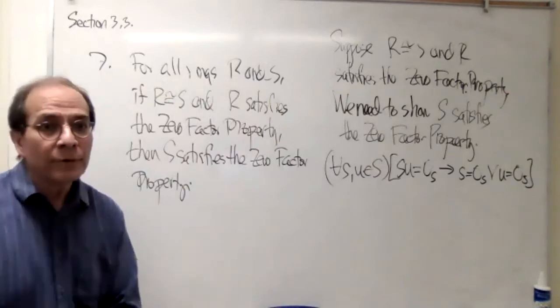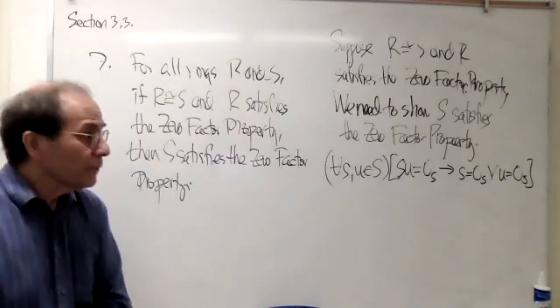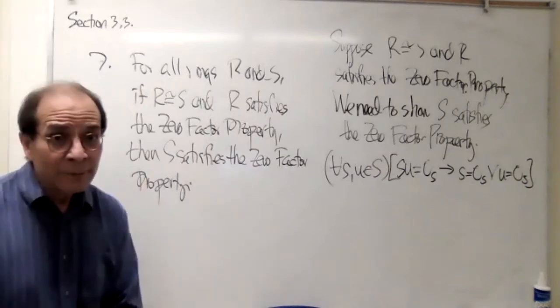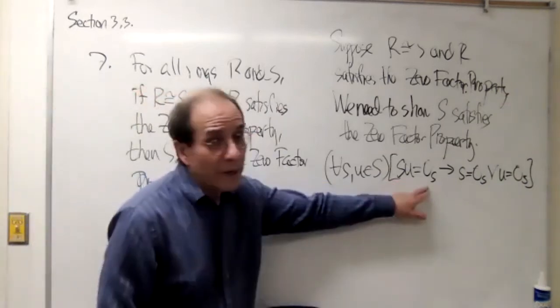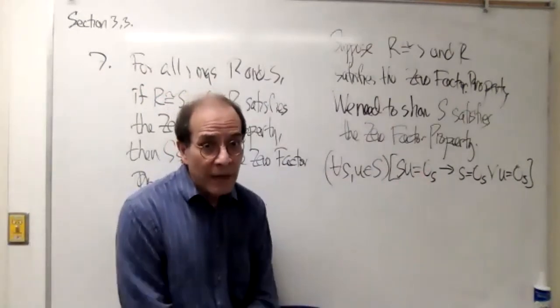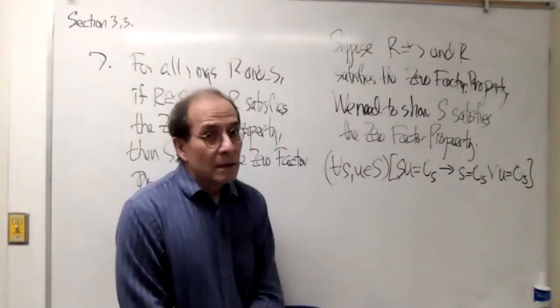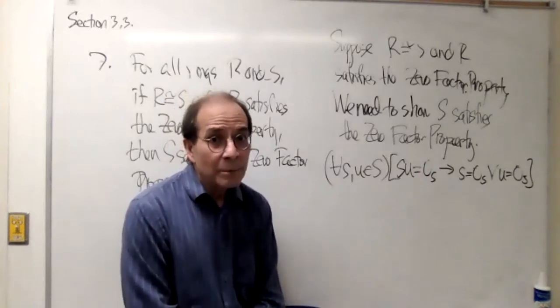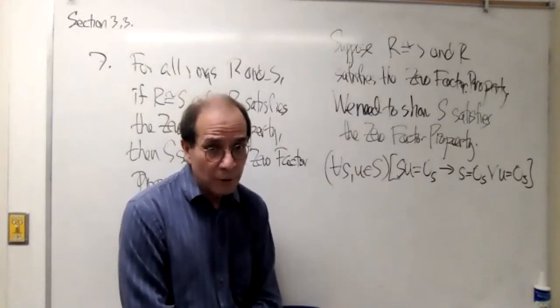I don't want to state it for R. For R, I'd have different elements. I'd have elements in R, and I'd have the zero element in R instead of the zero element in S. So since I'm dealing with S, this is the zero factor property in S, and this is what I want to show.